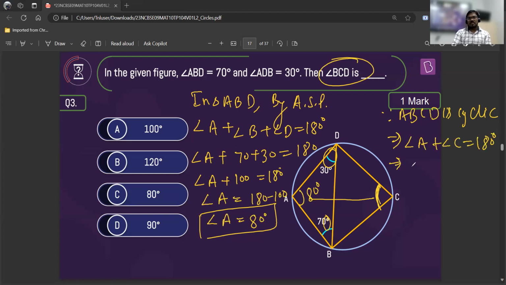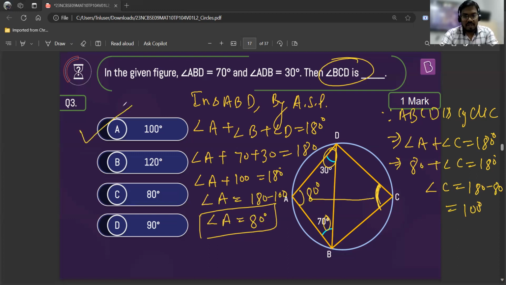Putting in the value of A, we get angle C is equal to 100 degrees. How did we get 100? 180 minus 80 gives you 100 degrees. That means option A is correct. Right, guys? Please take a note of this one. Then I will move on to the next question.